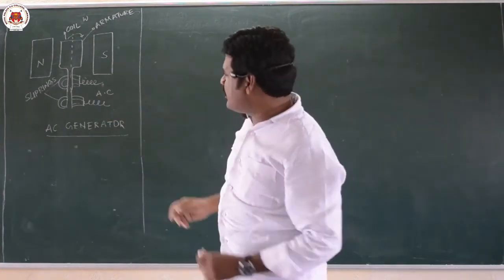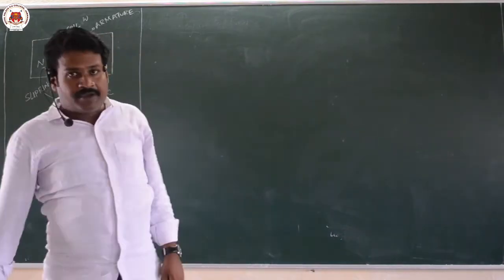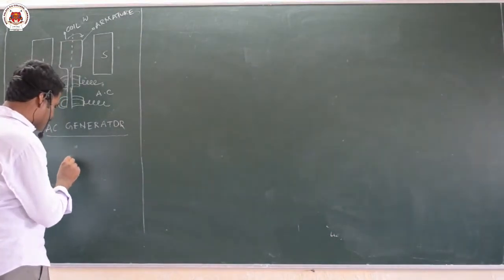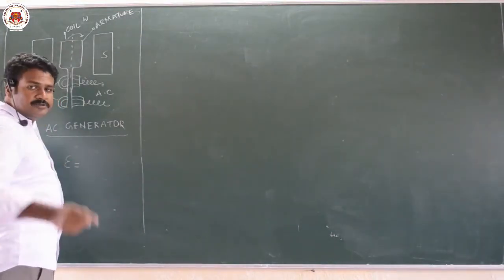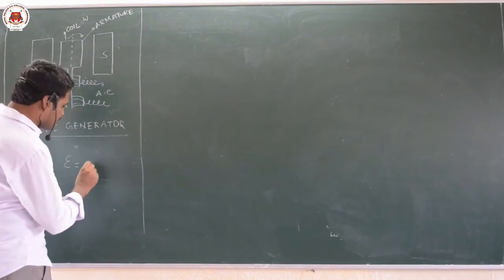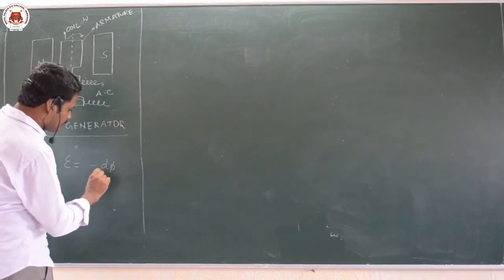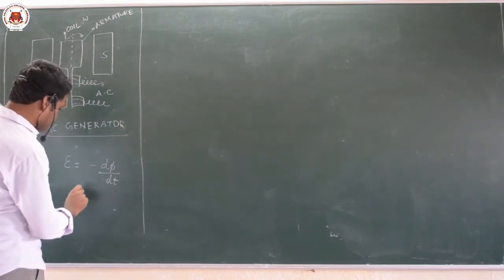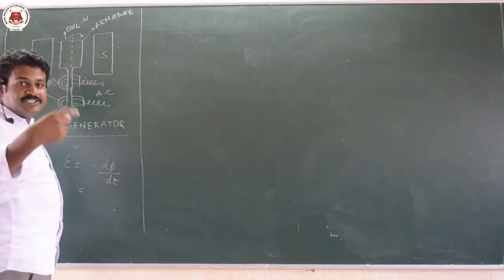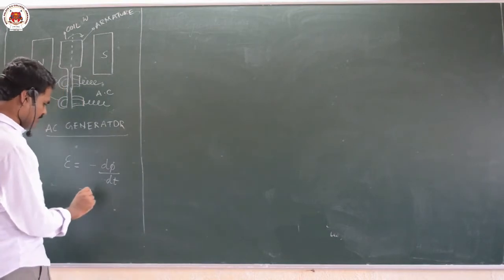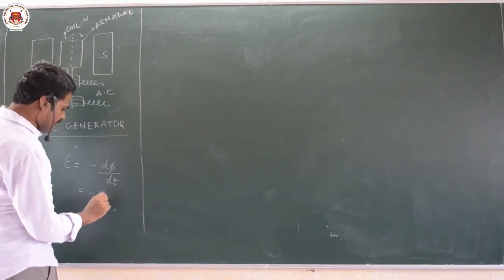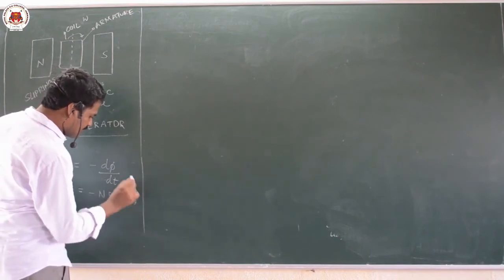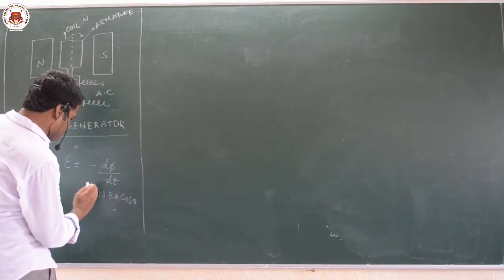How will we get EMF, and what is the formula for that EMF? According to Faraday's law and Lenz's law, EMF is equal to minus d phi by dt. If the coil contains n turns, phi I can write as n B A cos theta.